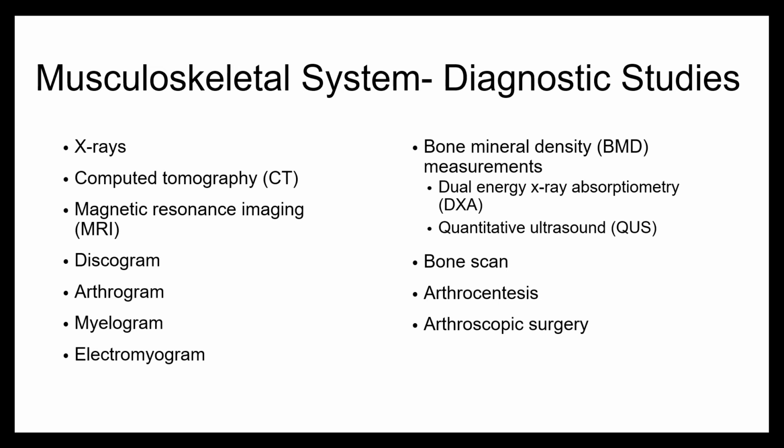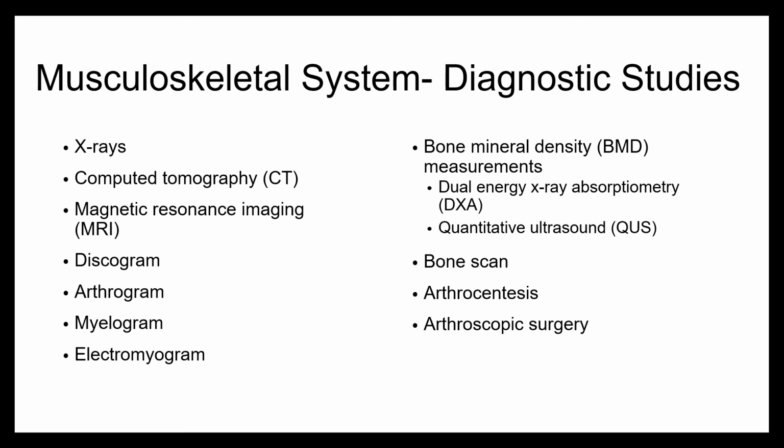So we get a much more detailed image. Certainly, if we add contrast, we're going to get an even more detailed image of musculoskeletal system structures. MRIs are going to be even better at getting fine images of soft tissue structures.